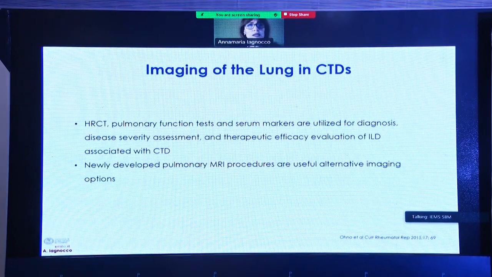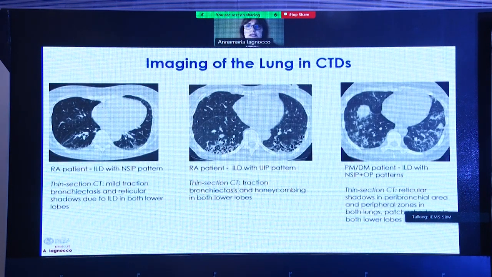High-resolution CT, but also the functional tests and the serologic markers are usually applied for evaluating the extent and the severity of the alternative imaging options in this assessment.